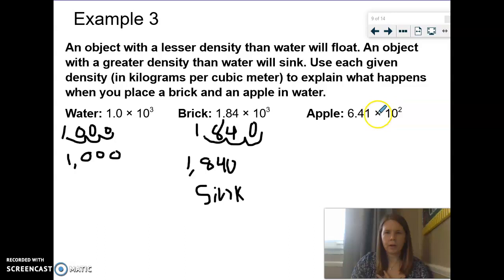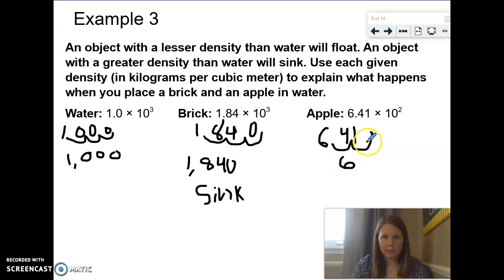All right, let's see about our apple though. I'm not sure. So what we're going to do is take this number, 6.41, and move the decimal place 2 to the right. So 1, 2. So my decimal place would be right at the end. I know this was a little misconstruing here. So it's going to be 641.